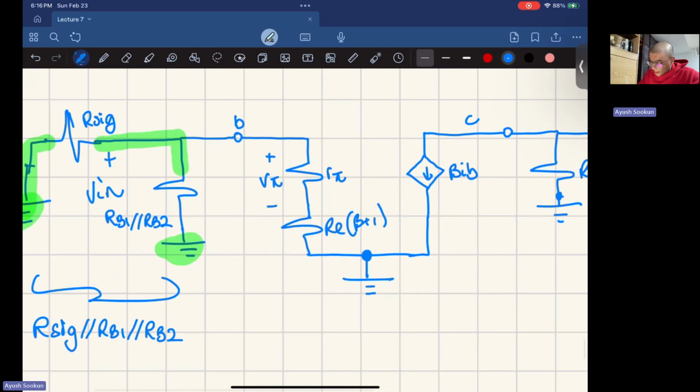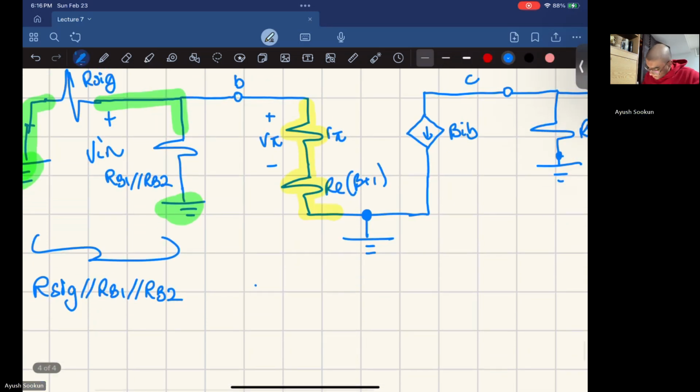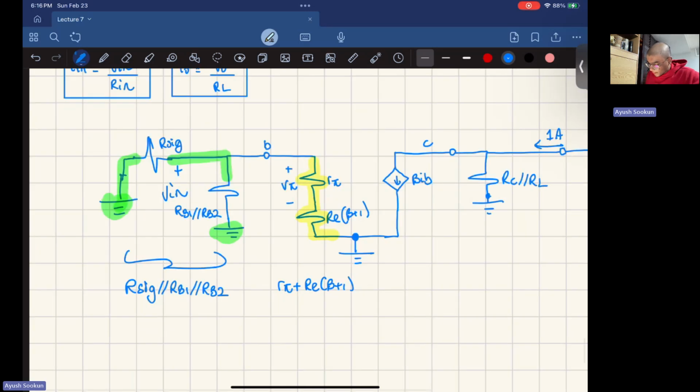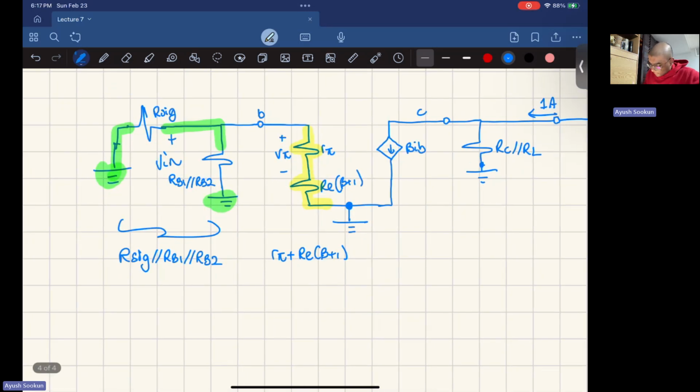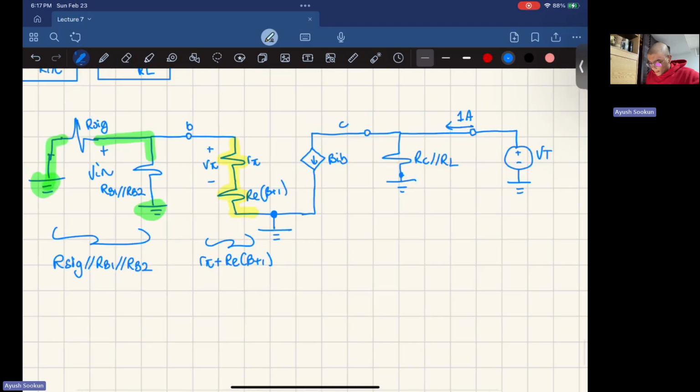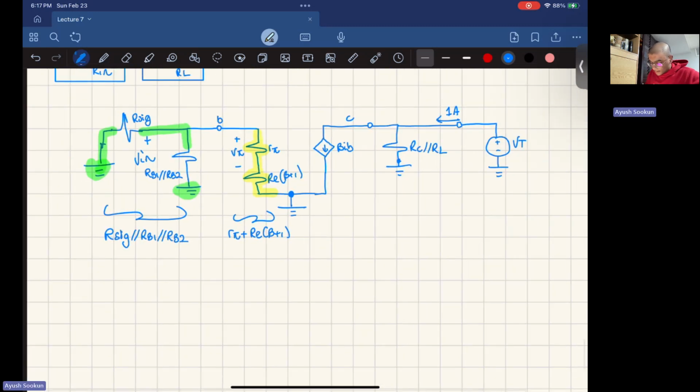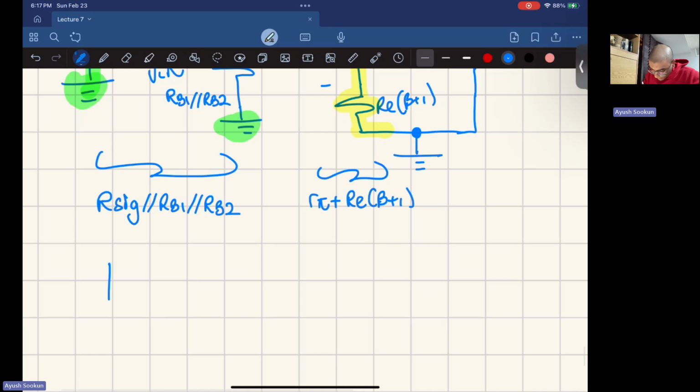Okay, and now if you look over here, I'm just gonna do yellow. These two resistances are in series. So here we got R pi plus RE times beta plus 1. Now all this is one resistor. If I clean things up, we have something like this. We have ground connected to R sig parallel with RB1, parallel with RB2.